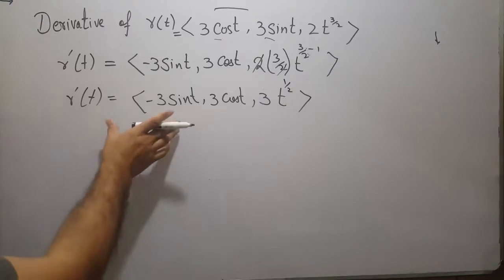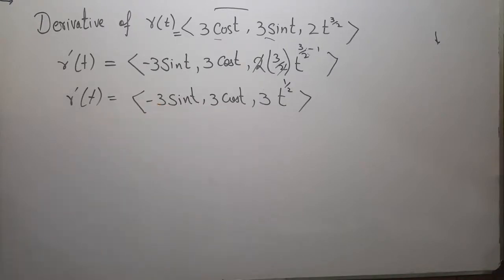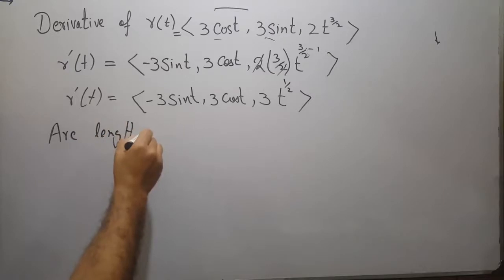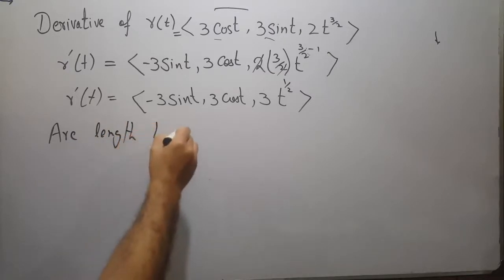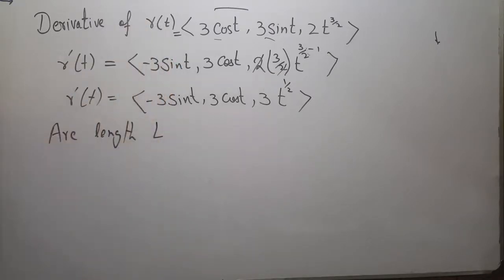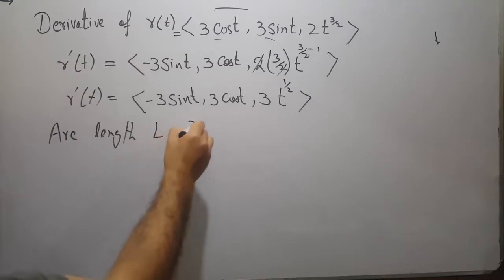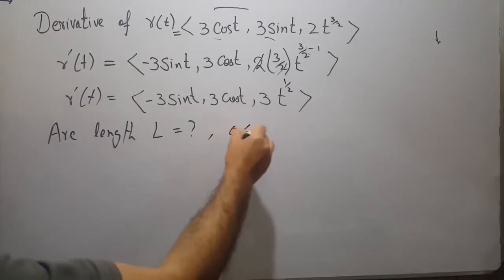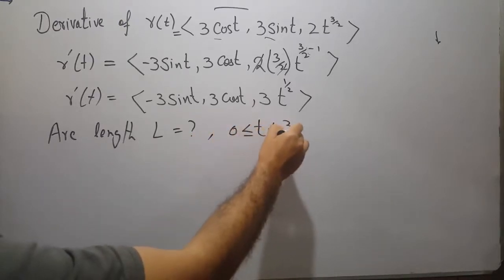Now, since this is being used to find the arc length, the actual problem would be to find the arc length, denoted by L, of the vector valued function, when t is between 0 and 3.